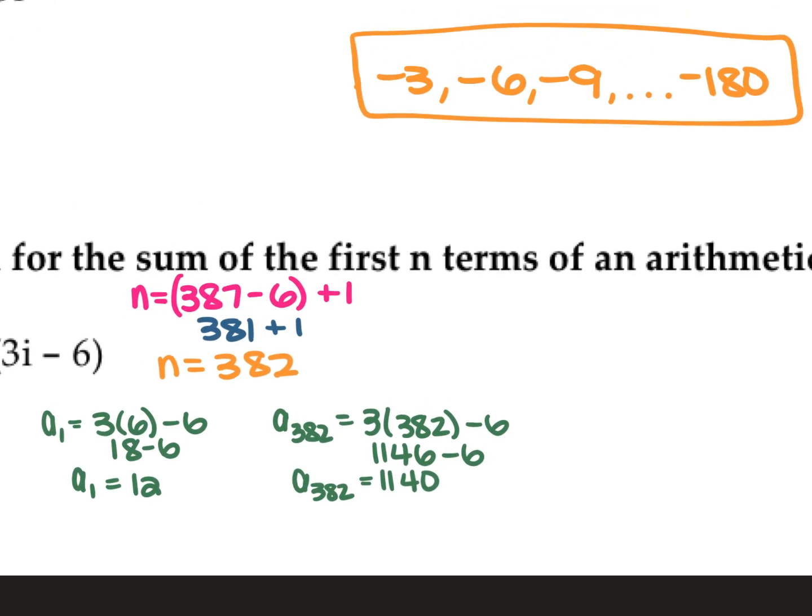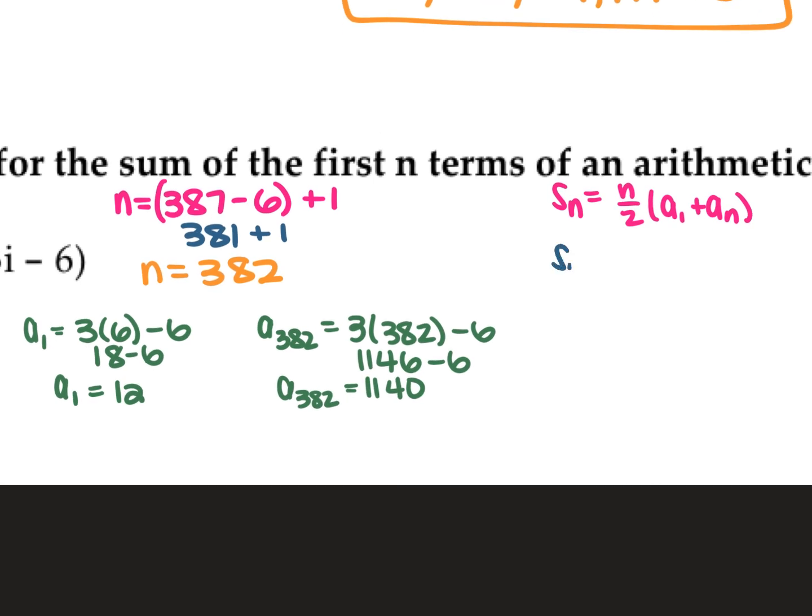So if we plug this into our formula that S sub n is equal to n over 2 times a sub 1 plus a sub n, we're going to have S sub n is equal to 382 divided by 2 times 12 plus 1140. 382 divided by 2 gives you 191.